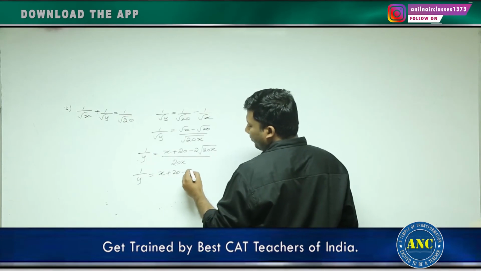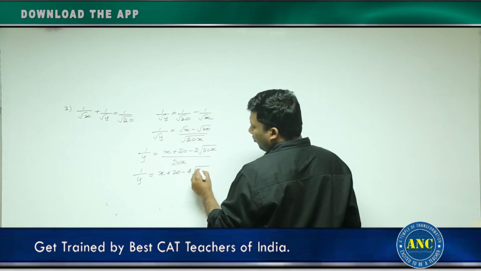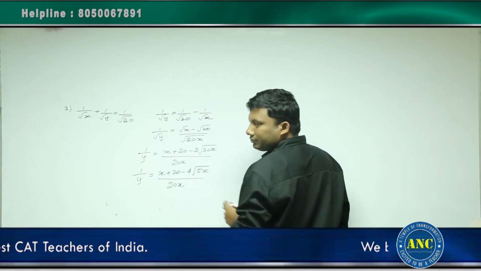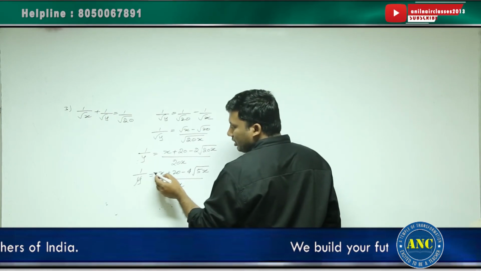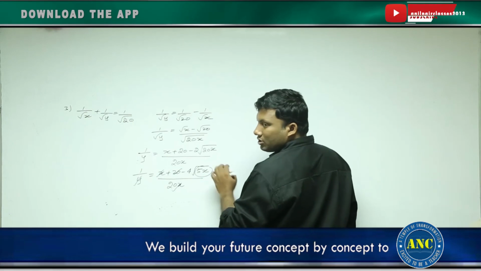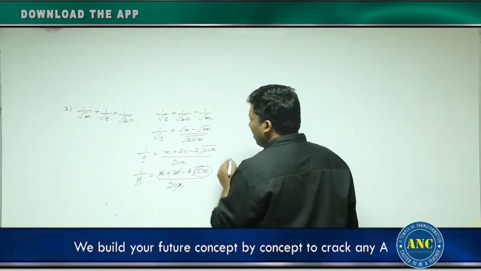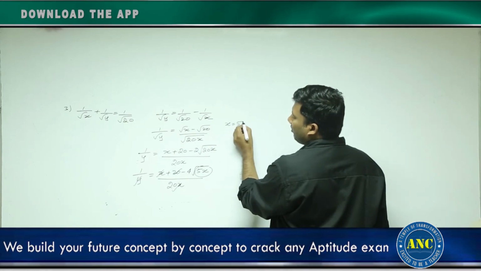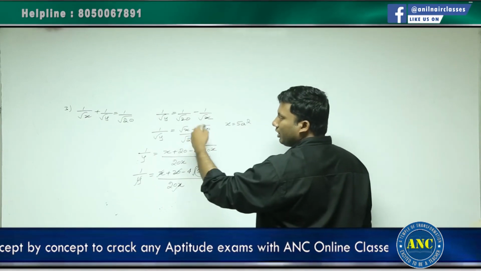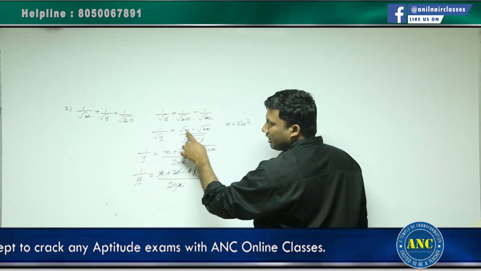20 minus 4 root of 5x divided by 20x. This is an integer, this is an integer. This should be an integer. Under root, 5 is there. Can I say x will be of the form 5a square? Similarly, if I put 1 by root x, wherever y is there, x will be there.